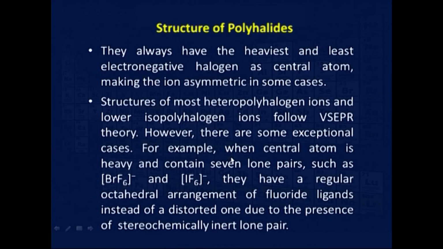The structure of the polyhalide. Polyhalides always have the heaviest and least electronegative halogen as the central atom, making the ion asymmetric in some cases. The structure of most heteropolyhalogen ions and lower isopolyhalogen ions follows valence shell electron pair repulsion theory.